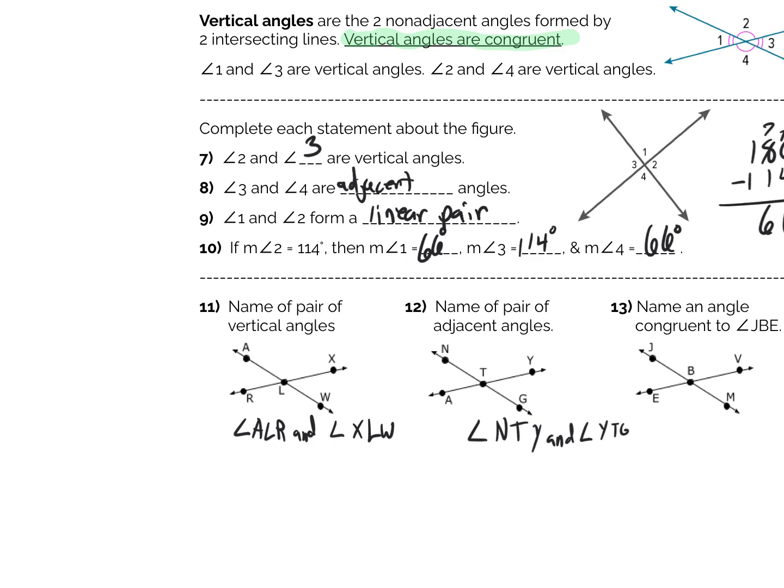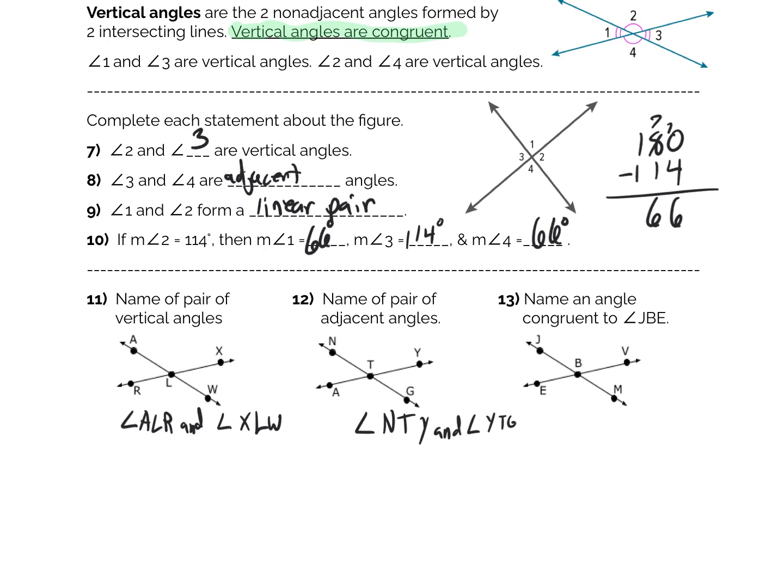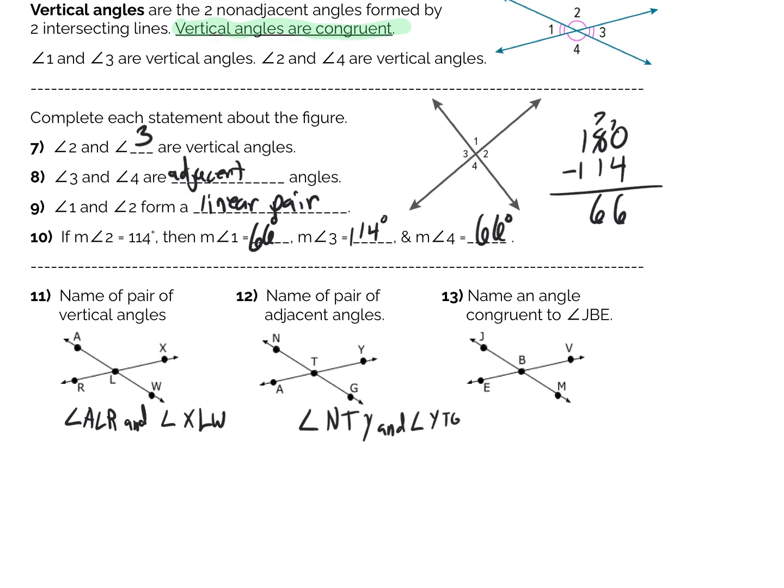Those are adjacent because they're right next to each other. There's lots of options that we could put there. An angle congruent to angle JBE, well, vertical angles are congruent, so if JBE is a certain measure, that means that angle VBM should also be the same measure.